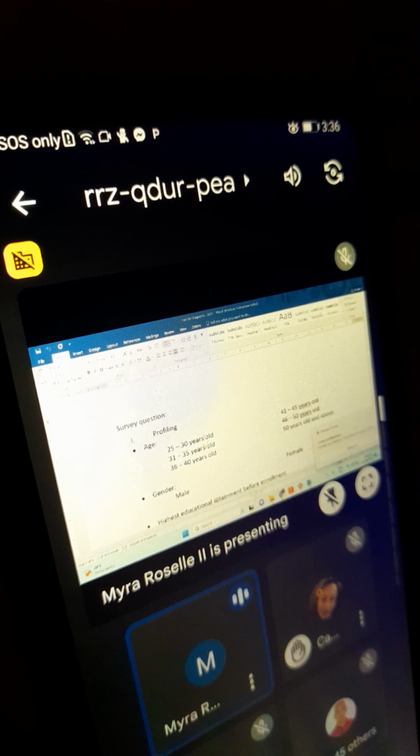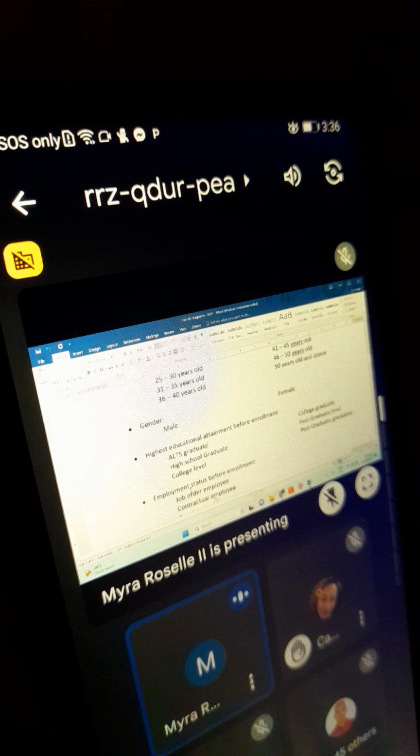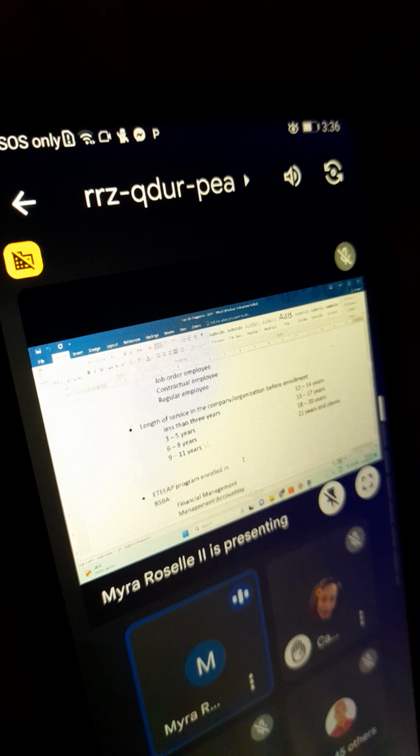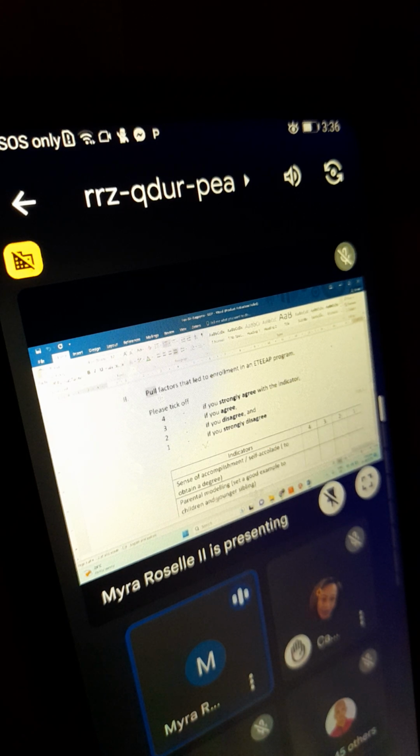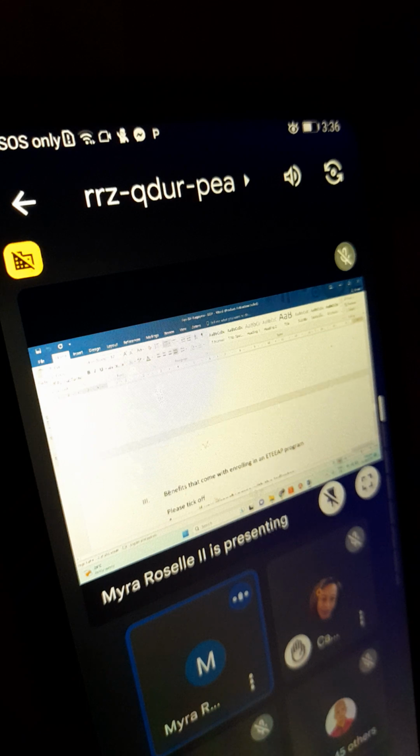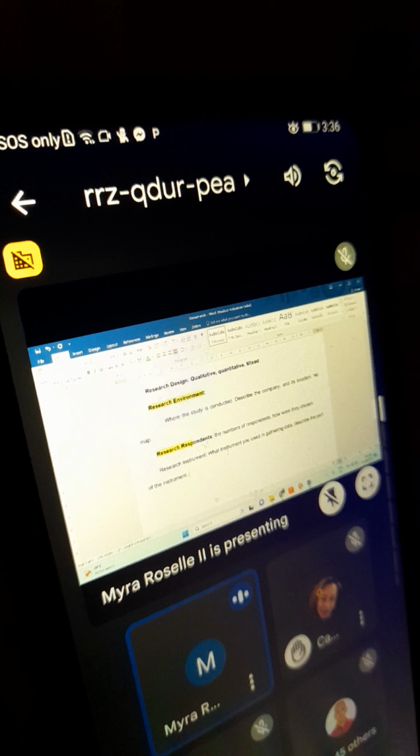In profiling, I have age, gender, highest educational attainment, employment status, length of service, and programs enrolled in. Part 2 is all about pull factors. And part 3 is all about the benefits. However many parts your survey question has, those are the parts you mention here.